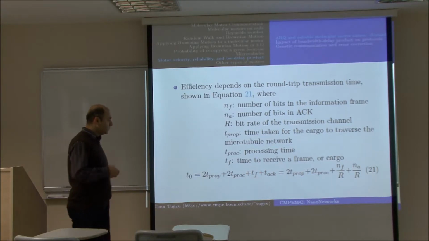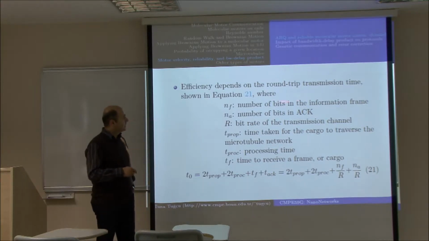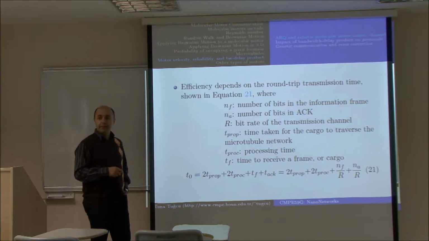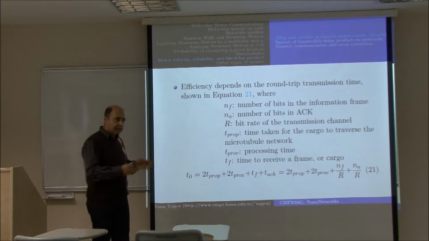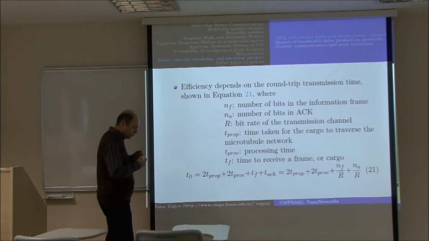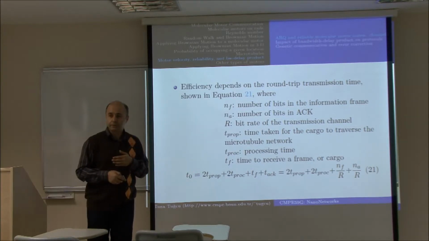And the time to receive the frame can also be rewritten as the number of bits in the frame divided by R, the rate, because the longer the packet is, the more time it will take to put it on the link. So it is dependent on this number. Similar for the acknowledgement. Okay?